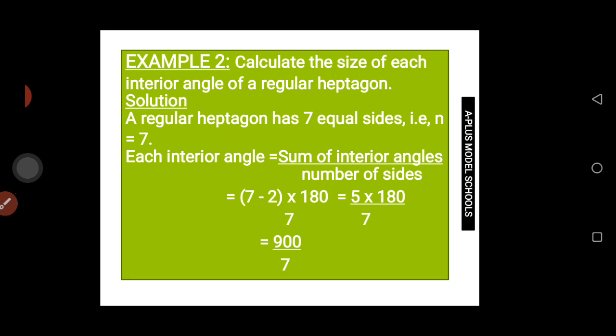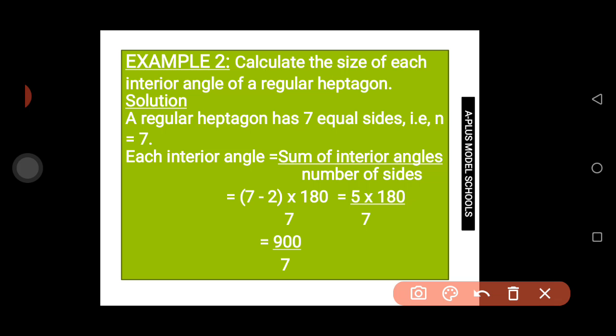Now, example 2. Calculate the size of each interior angle of a regular heptagon. You can see here we are looking for the size of each of the interior angles. So before we can do this, we have to look for the sum of angles in a regular heptagon. A heptagon is a polygon with 7 sides. So we apply the same formula to get the sum of interior angles, which is (n minus 2) multiplied by 180 degrees.